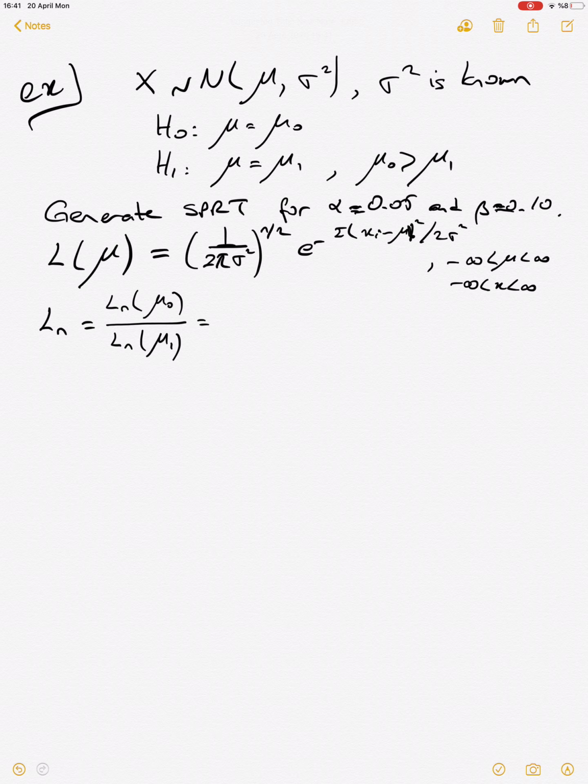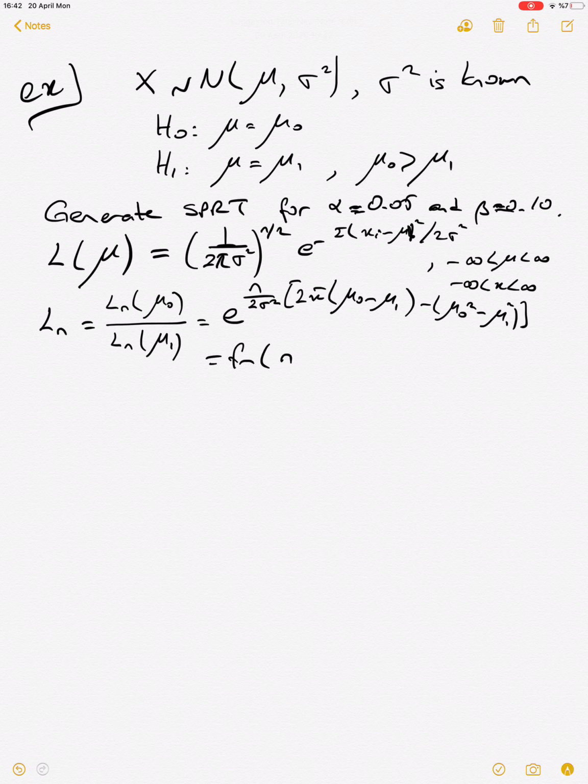Okay, after some calculations, we will get, let's see, summation xi squares goes, so this should be 2 sigma square, 2x bar, mu 0 minus mu 1 minus mu 0 square minus mu 1 square. Okay, as you can see, this is a function of n and the sample random variable x bar.